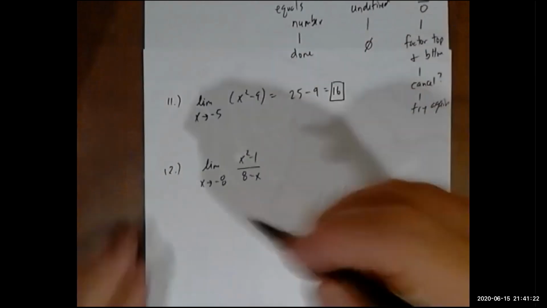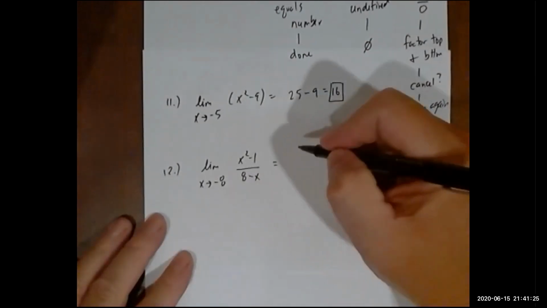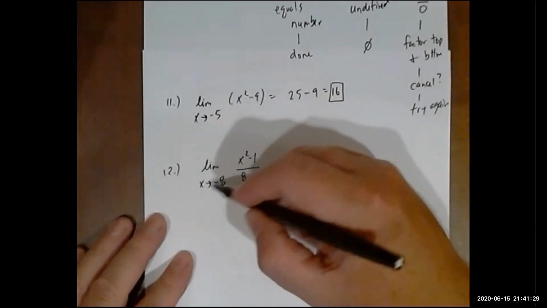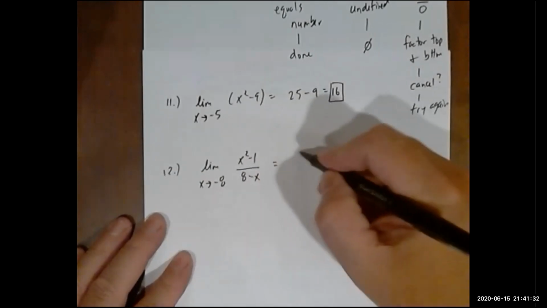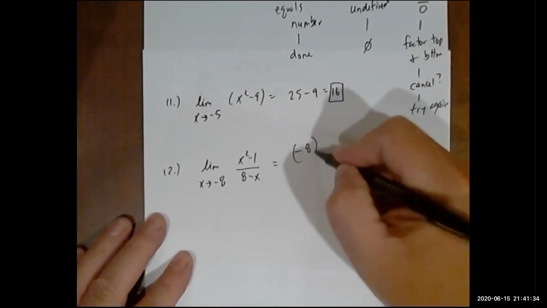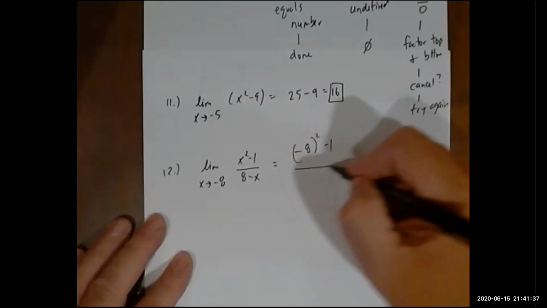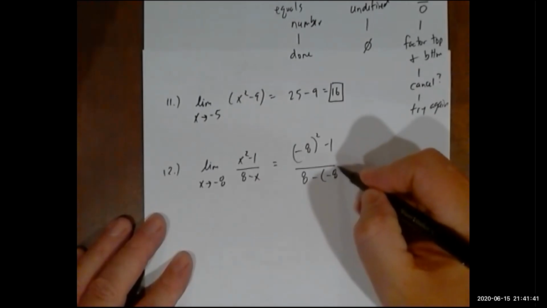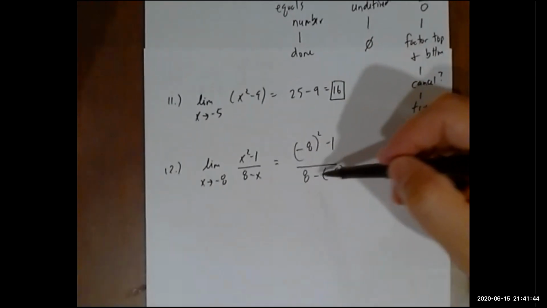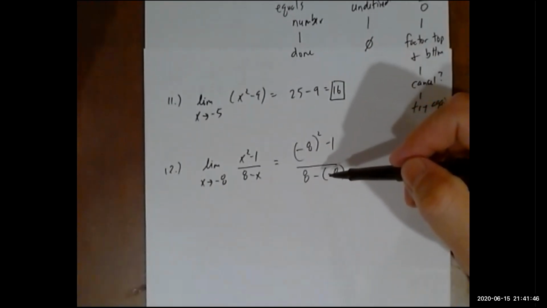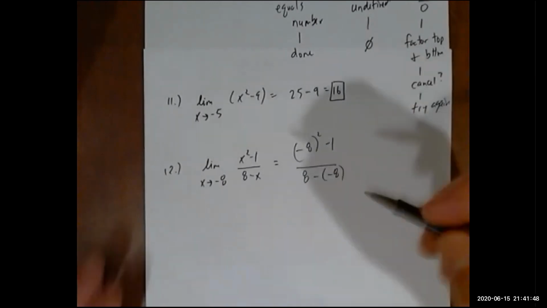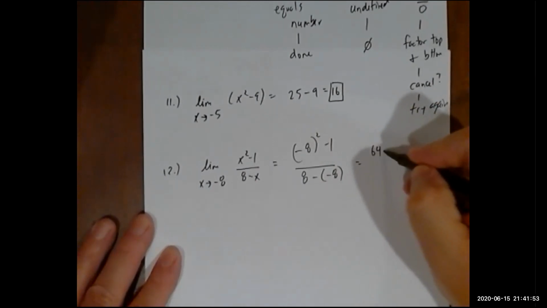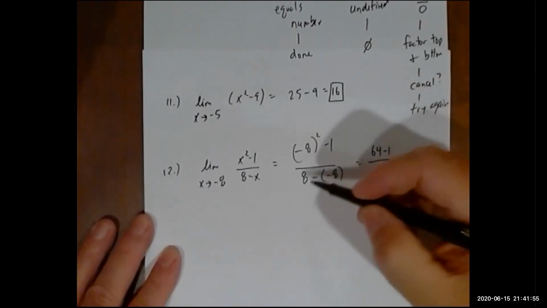So 11, I'm saying the answer is 16. 12, got a fraction here, but the first step is always plug in the number for x. So x is approaching negative 8. So negative 8 squared minus 1 over 8 minus a negative 8. Be careful of your math, especially now that I've got these subtractions and minuses here. Negative 8 squared is 64 minus 1.